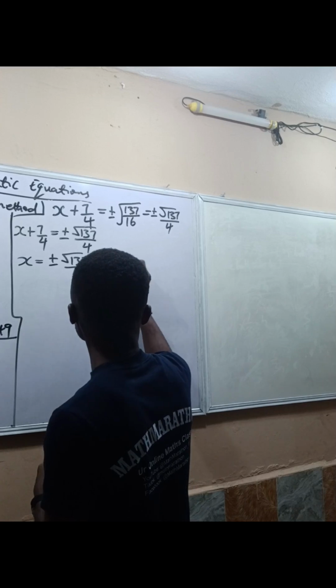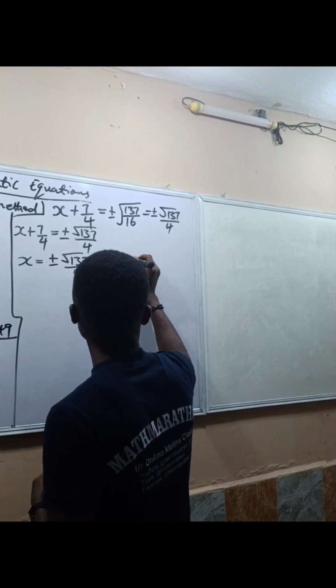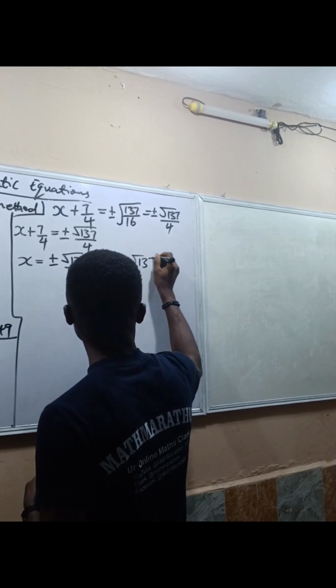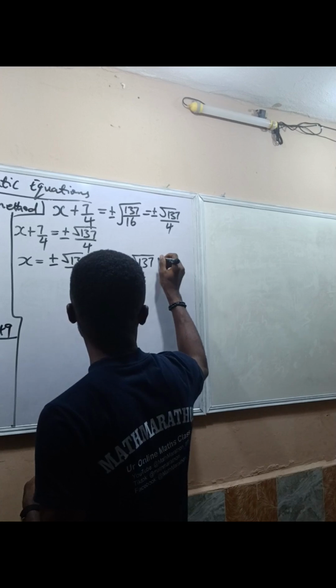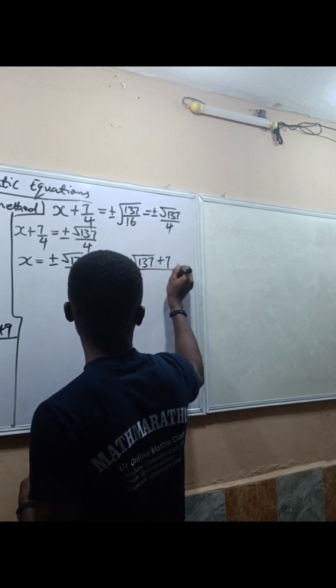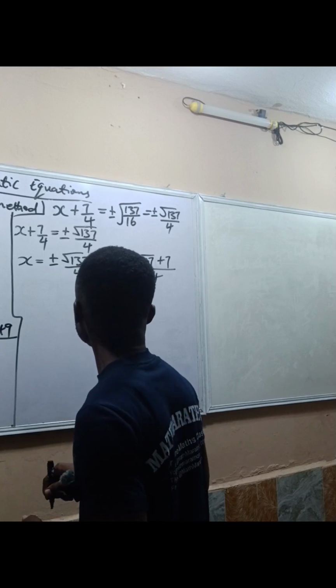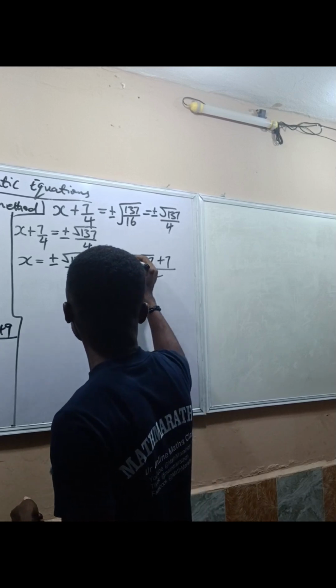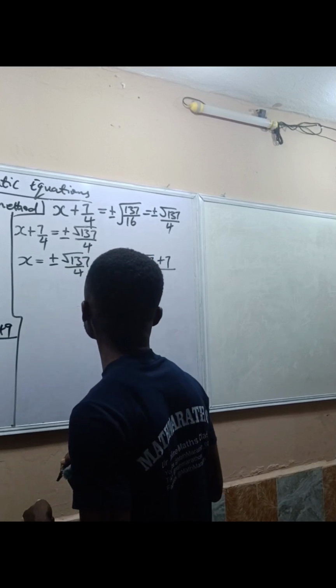This side will still give us plus or minus square root of 137 minus 7 all over 4, right?